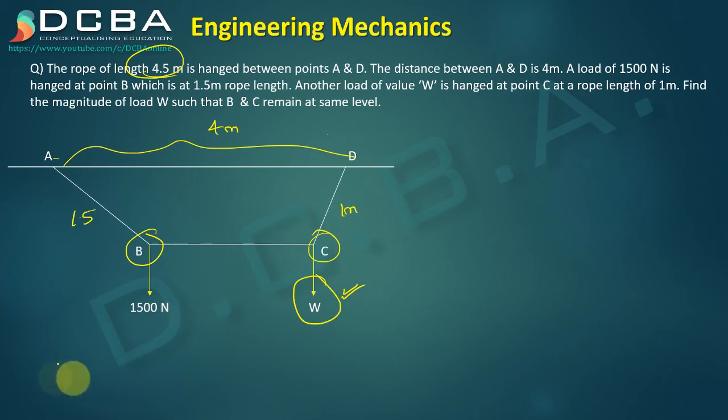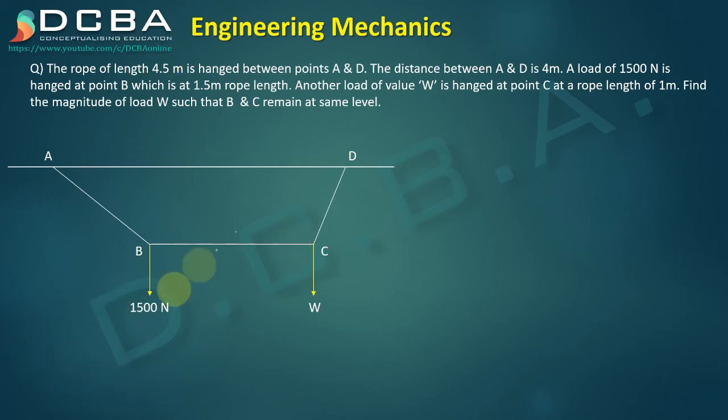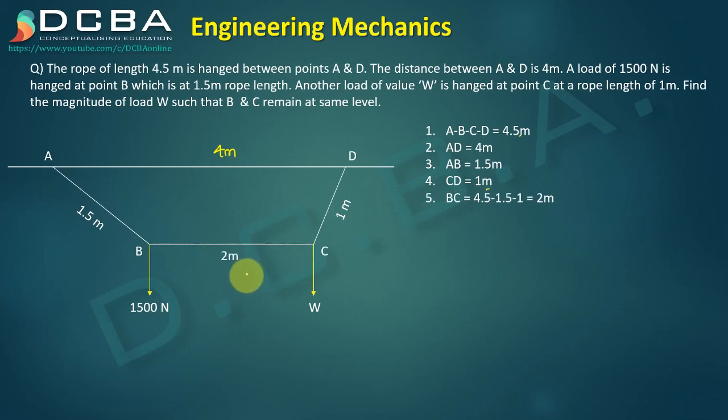That is the entire question. So ABCD is 4.5, AD is 4 meters, AB is 1.5, CD is 1 meter. So BC will be 4.5 minus 1.5 minus 1. It comes out to be 2 meters, right?